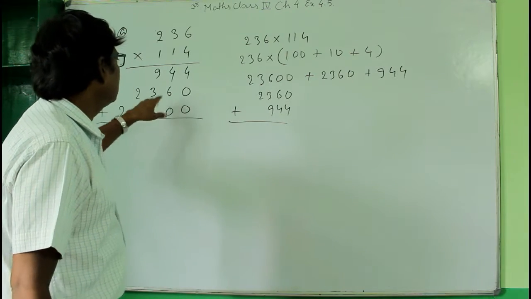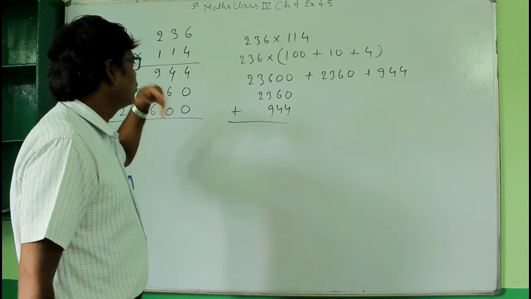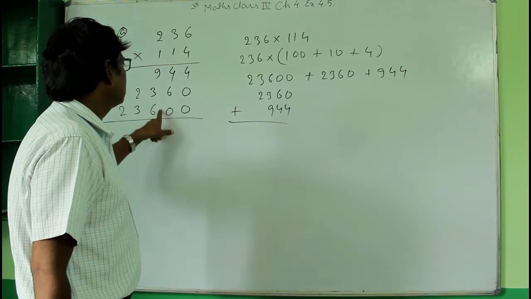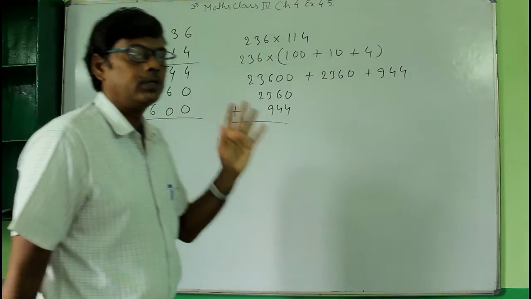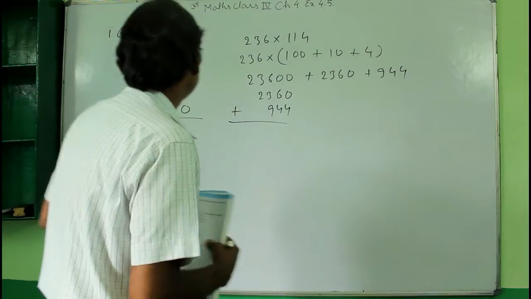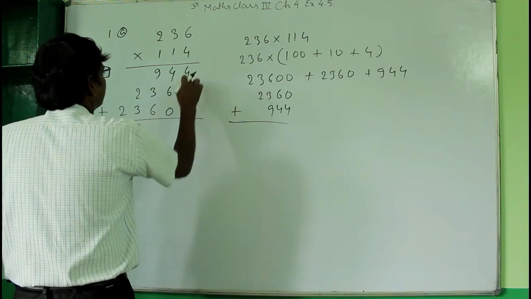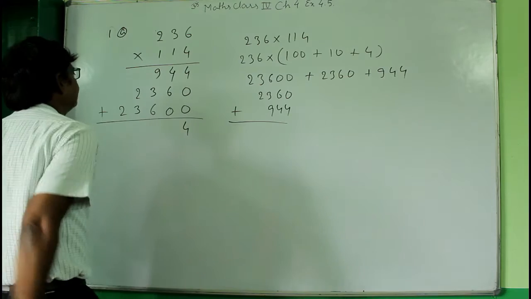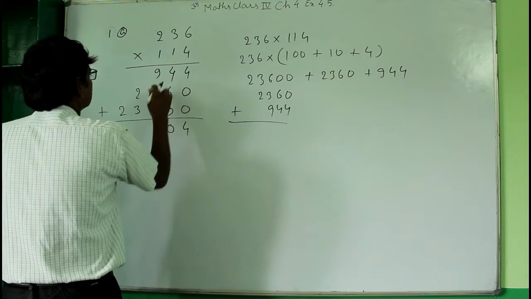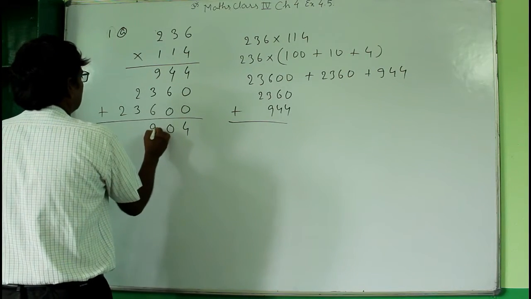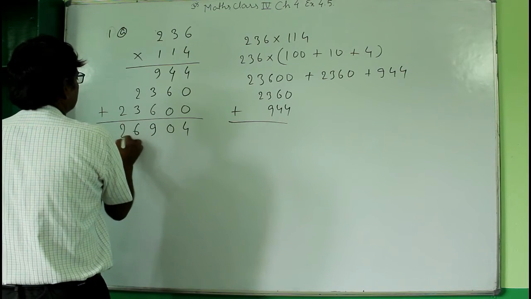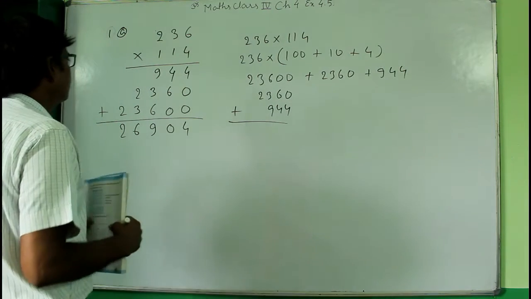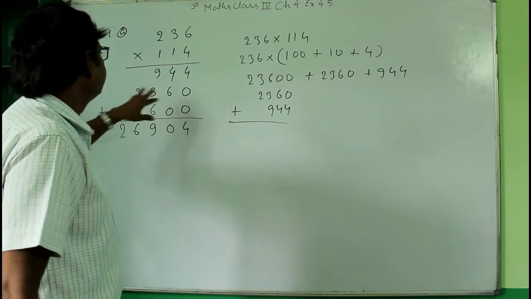We just omit them, and it is understood that these blank spaces are the zeros. So now here 4 plus 0 is 4, and 6 plus 4 is 10. So this is the answer of this question.